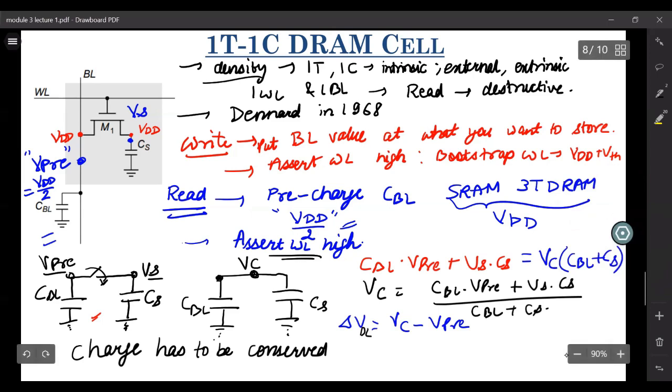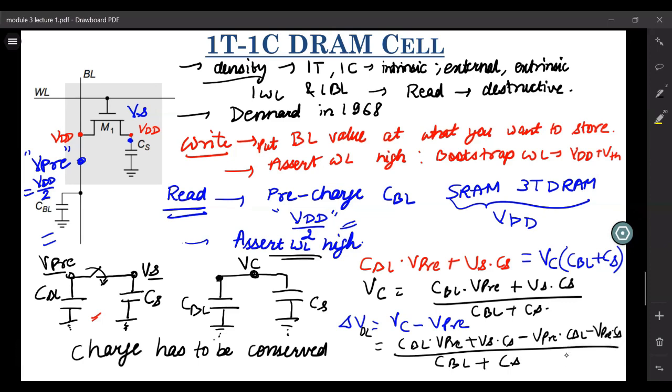Okay. So you do this, so that would be how much? Vc minus this. So it would be simply CBL times V3 plus Vs times Cs, minus V3 times CBL minus V3 times Cs, divided by CBL plus Cs, right? Now you get these things cancelled, right?